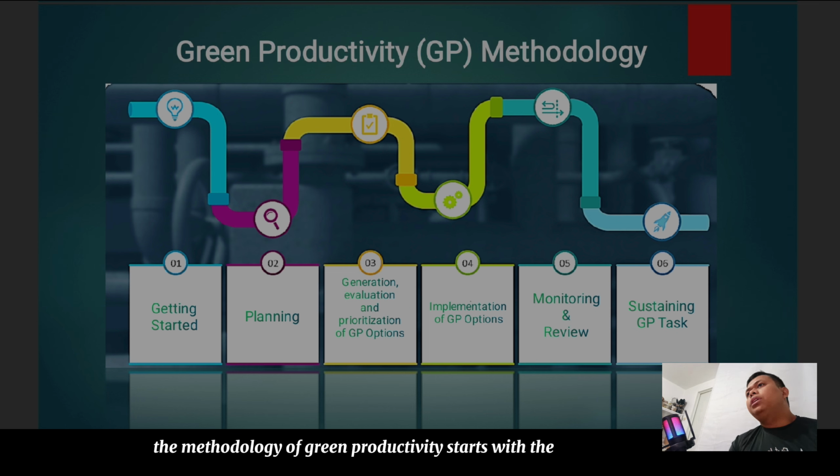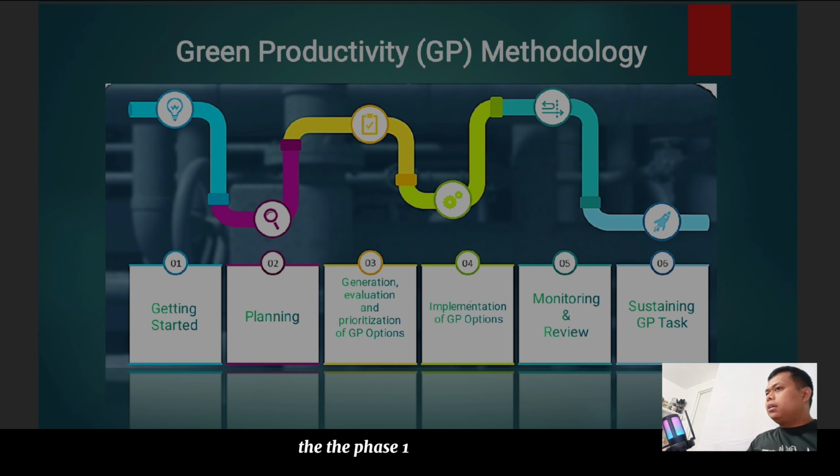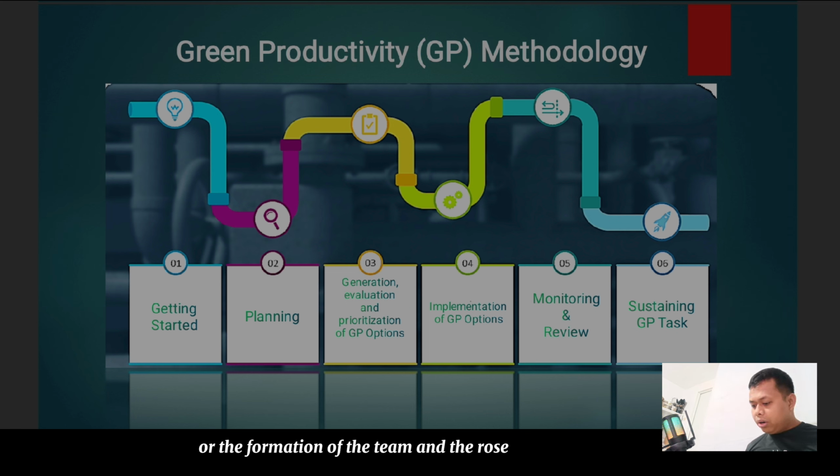The methodology of green productivity starts with phase one, which is getting started, where the entity or the organization analyzes what things need to be done, the materials needed, and the formation of the team and the roles.